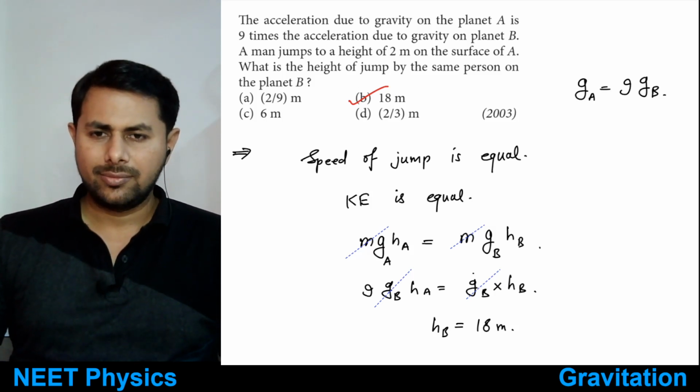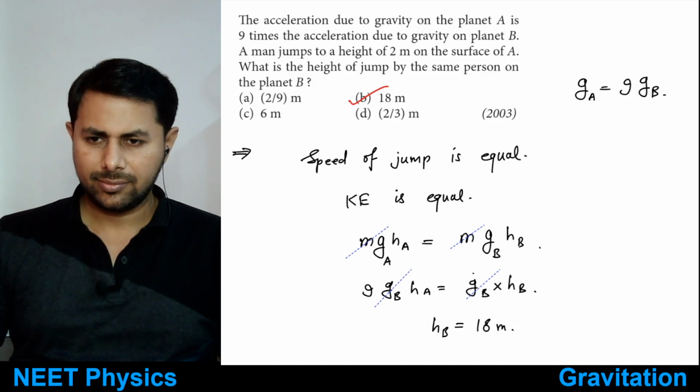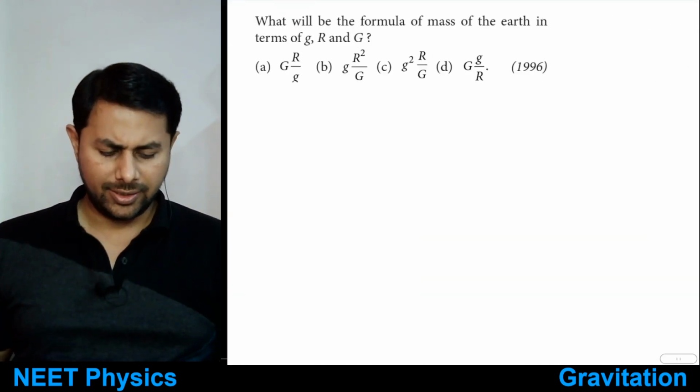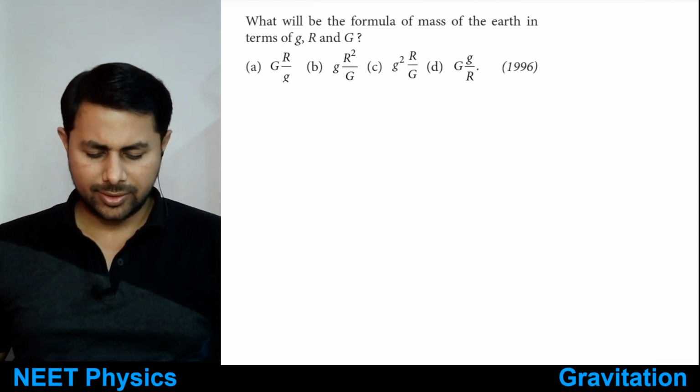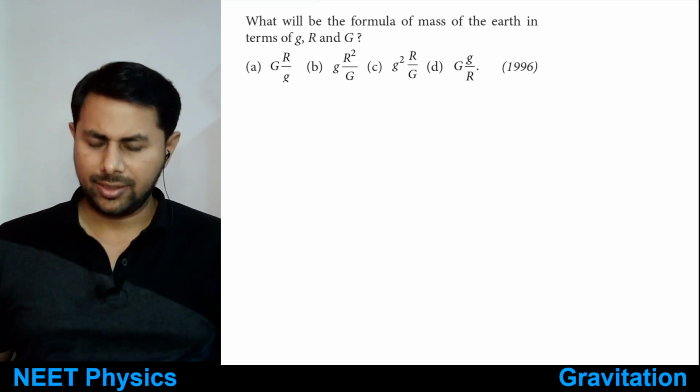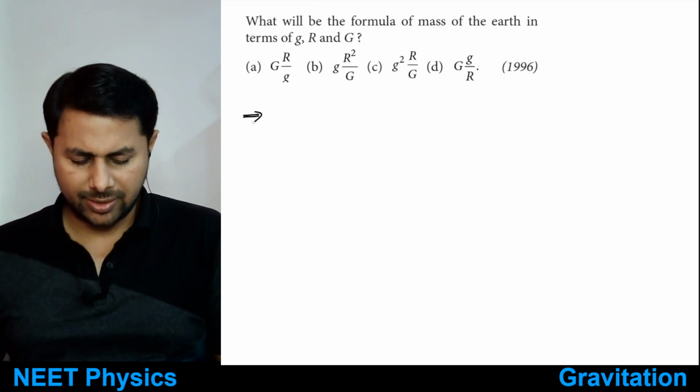Okay, simple. Right, let's see the next one. What will be the formula of the mass of the earth in terms of g, R and G? So this is very simple.